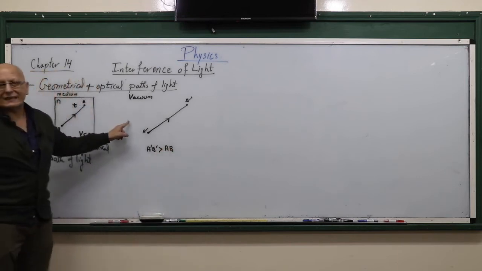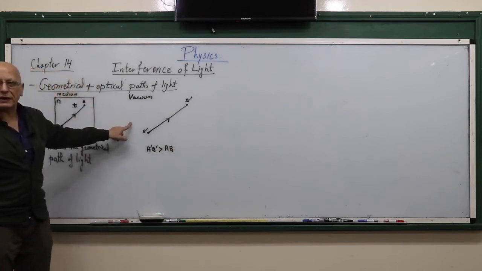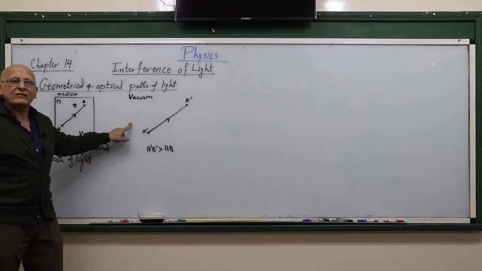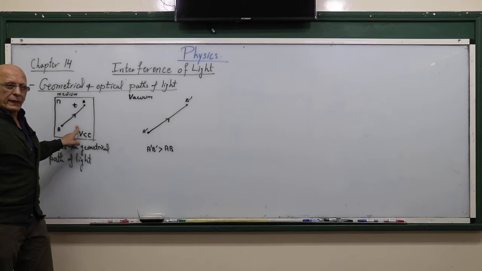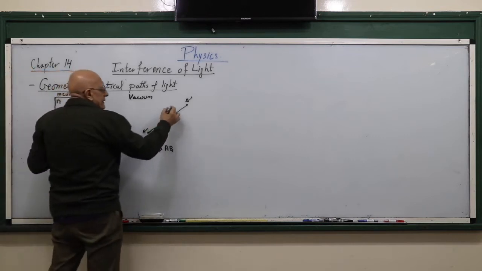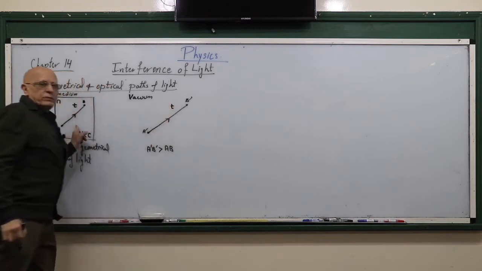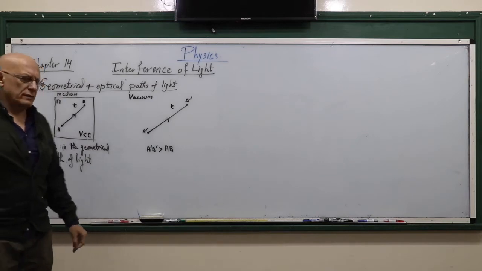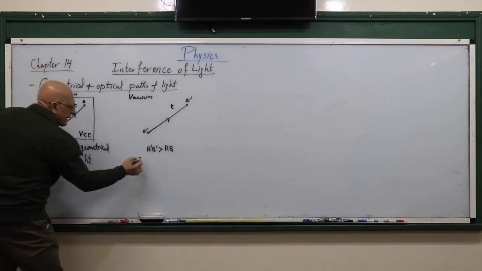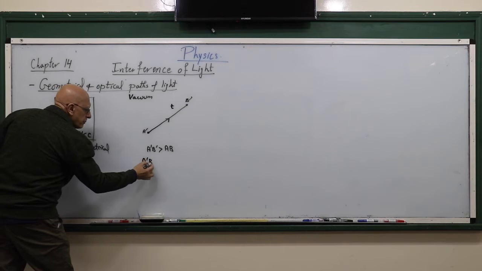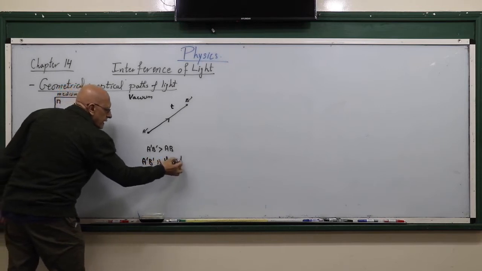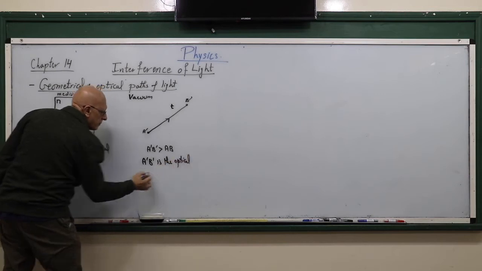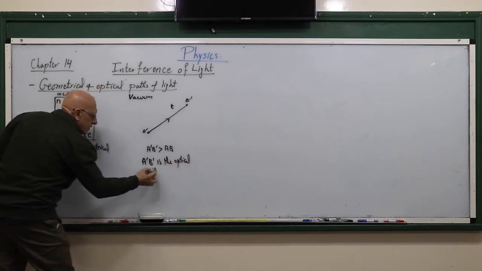This distance A prime B prime, covered during the same time t, is called the optical path of light.